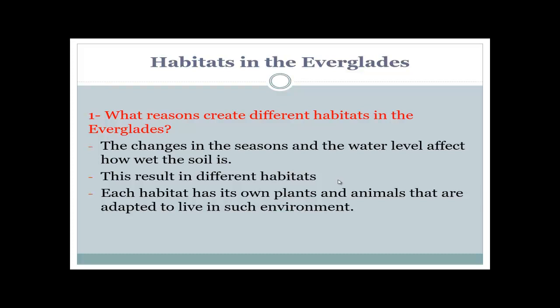So these changes in the seasons and the water level affect the soil. At some times of the year, the soil is wet. Other times of the year, the soil is dry. So these changes result in different habitats, different environments. Each habitat has its own plants and animals that are adapted, that can live in such an environment.